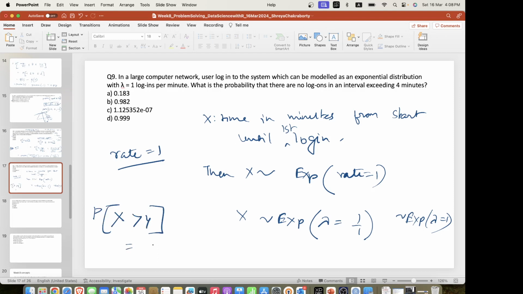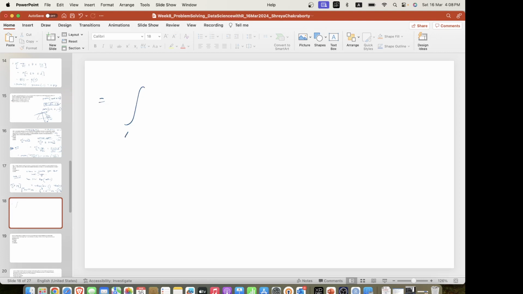So to do this, how can we do this? We can write this as integral from 4 to infinity lambda e to the power minus lambda x dx. So it should be integral from 4 to infinity 1 into e to the power minus 1 into x dx. So this is integral from 4 to infinity e to the power minus x dx, and that we'll write as minus e to the power minus x from 4 to infinity.